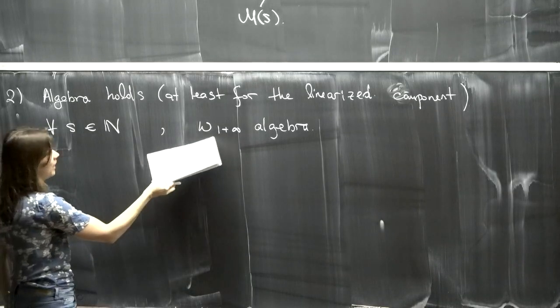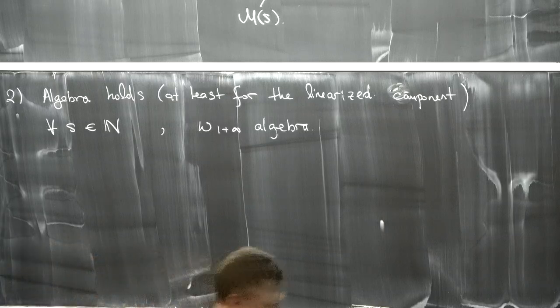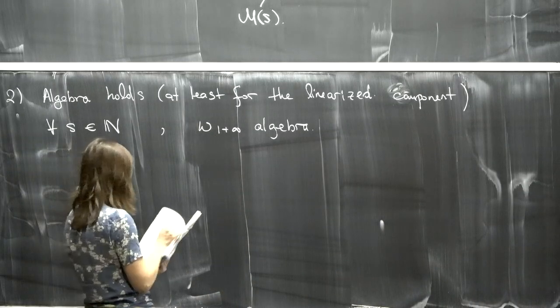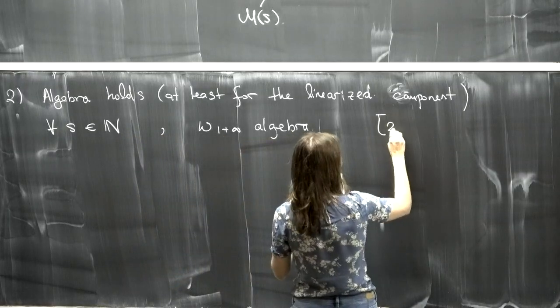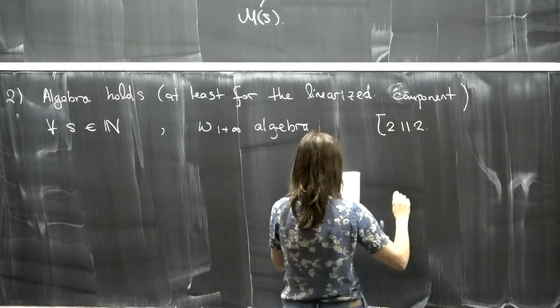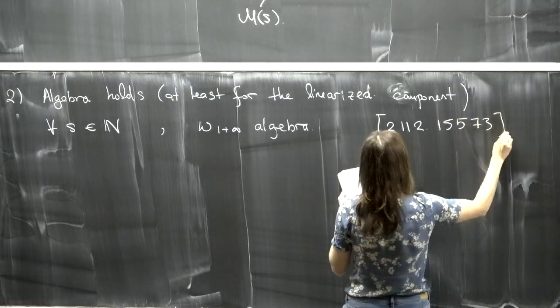So this is why it's called W1 plus infinity. Okay, so this is pretty nice. You can check out the details. I will put references on the website, but here is one.